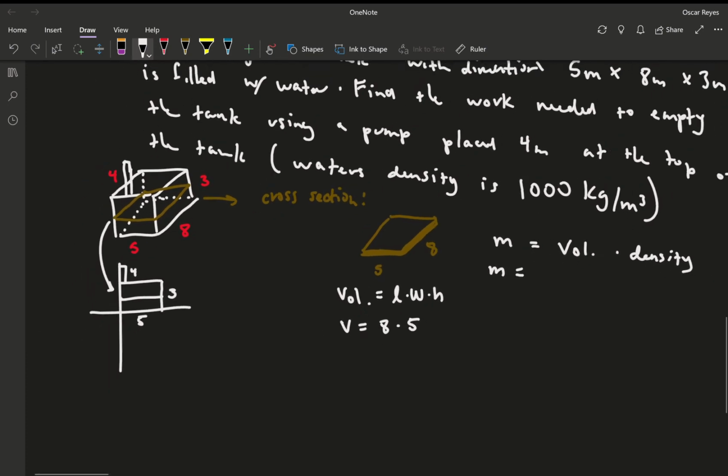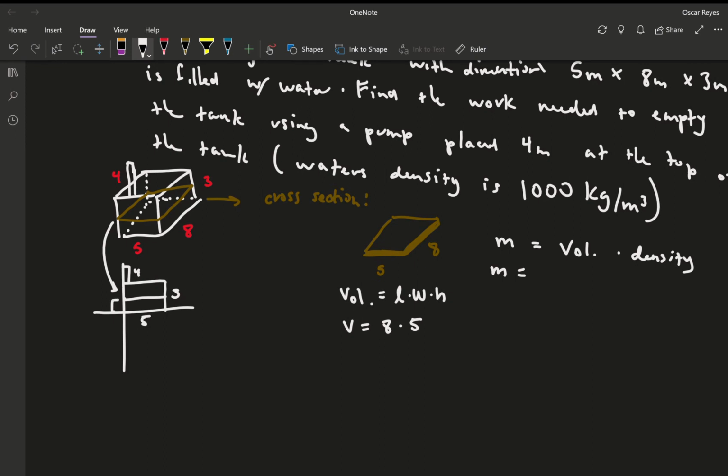And what we know about that cross section is that this little part is a y value. Okay? That's what we know about that. So, since our cross section is perpendicular to the y-axis, our thickness of that is going to be dy.